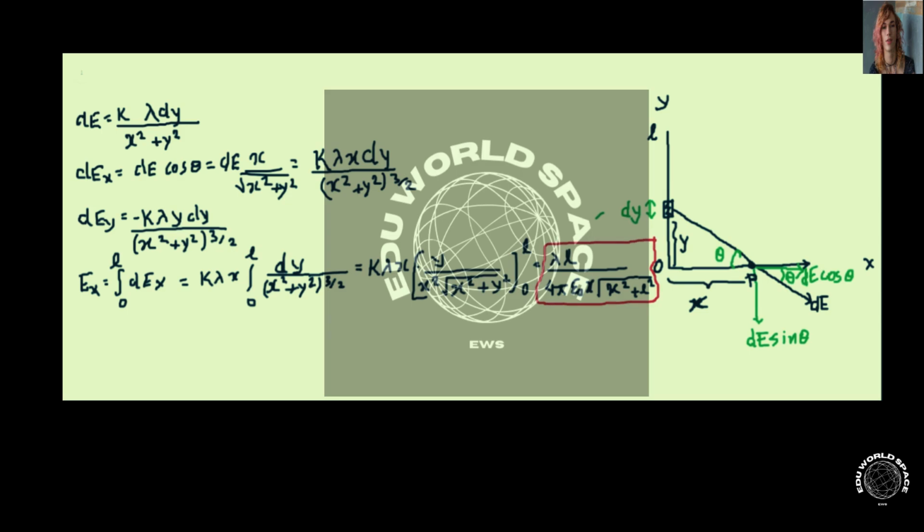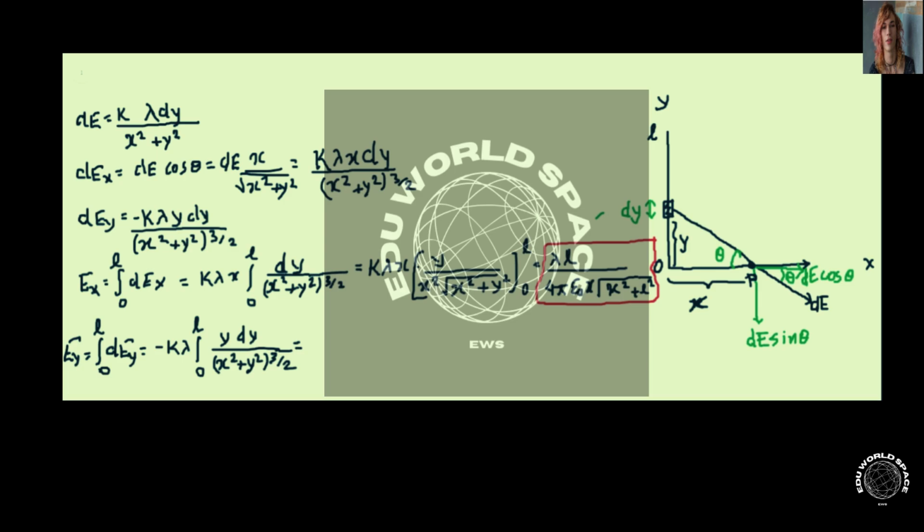Okay. Now similarly we calculate Ey. Ey is integrating again from 0 to L dEy. In this case only k lambda comes out, so k lambda from 0 to L of y dy upon x squared plus y squared to the power 3 by 2, right?